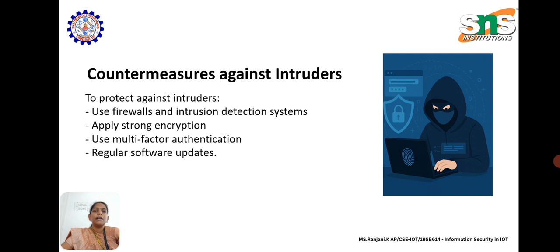Let us see the countermeasures against intruders. To protect against them, users can use a firewall and an intrusion detection system, apply strong encryption, use multi-factor authentication, and do regular software updates, so that you can protect your web securely.